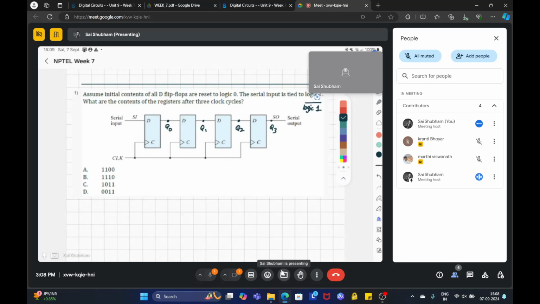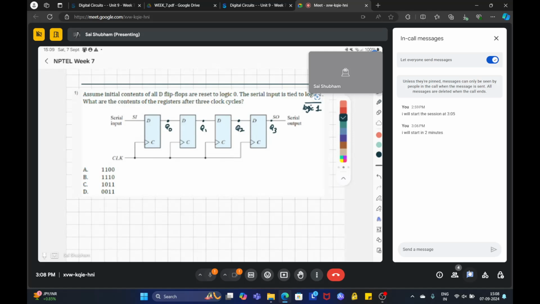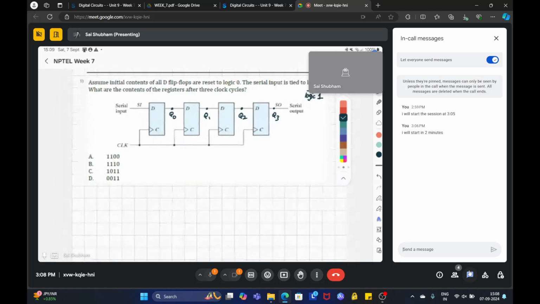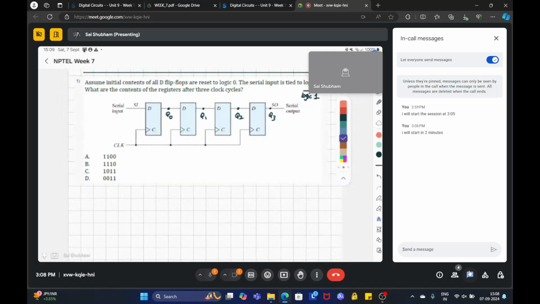I will give you about 5 minutes to solve this question. The thing to keep in mind is that this is a D flip-flop. I will give you a hint.